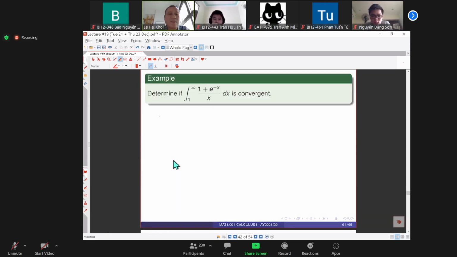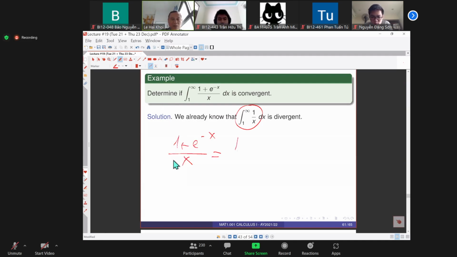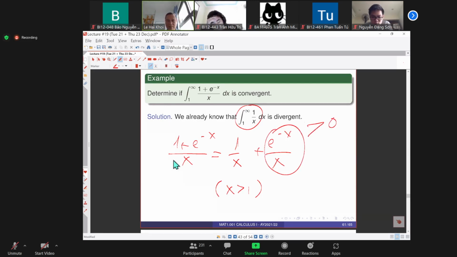For example, this. You are asked to determine whether this integral diverges or converges. Now look at that. You know this integral of 1 over x dx diverges. And here you have this one is 1 over x plus e to the negative x over x, for x bigger than 1. This part is always positive. Then this given function is bigger than 1 over x for all x bigger than 1.